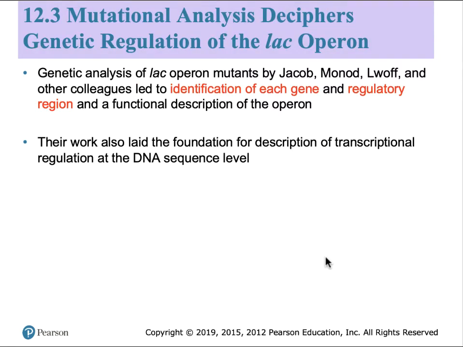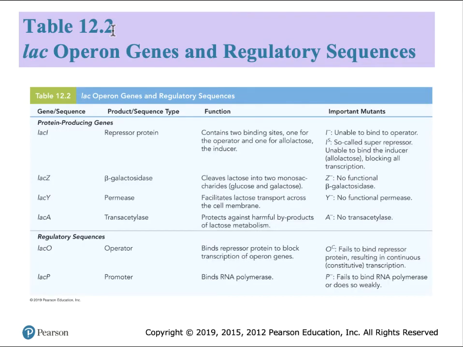We have learnt a lot about the way the Lac operon functions by studying mutations of various aspects of its control regions and structural elements. Table 12.2 summarizes both the locations within the operon, the product or function, and importantly, it goes on to talk about some of the mutations that can exist for that region.